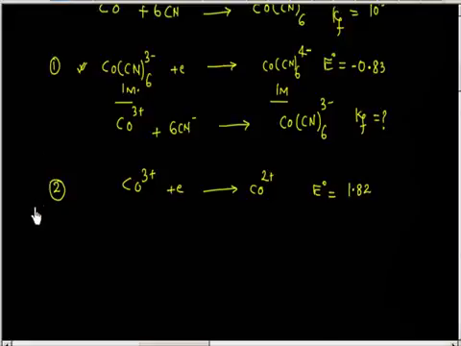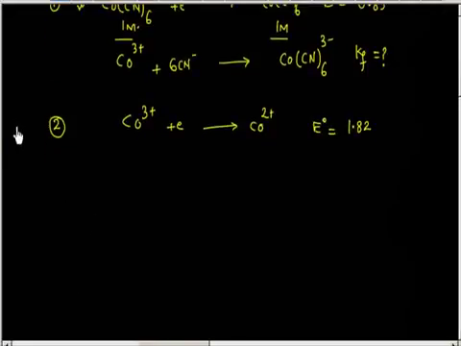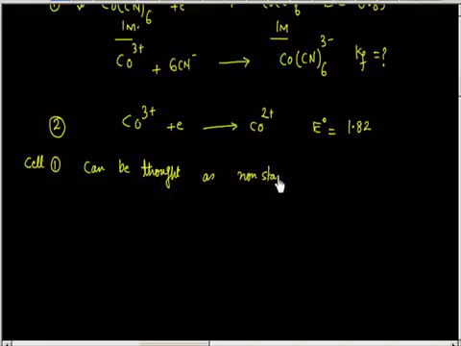Cell 1 can be thought of as a non-standard condition of cell 2. Are you getting it? So if I can somehow calculate E cell for the non-standard condition, I am done.